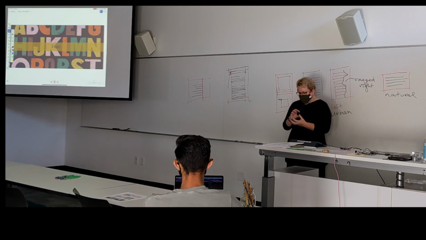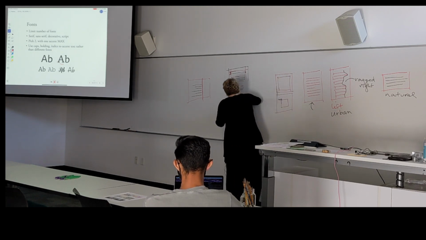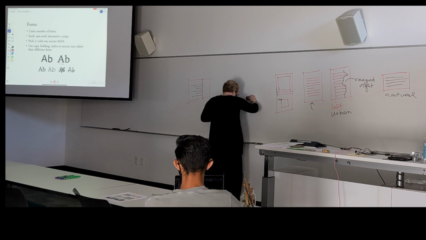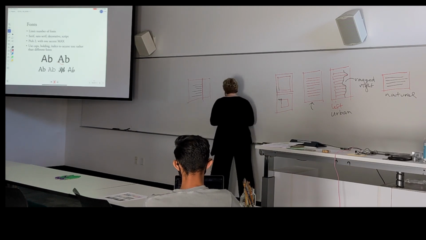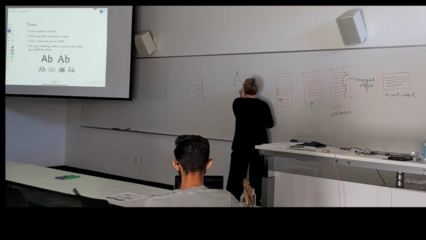All right, let's talk about some of the other things that you guys have to work with. So in terms of font, we've got the fonts that have what I call the feet. That's a serif font. The serifs are the feet on the font.